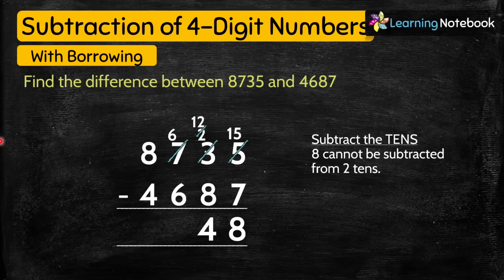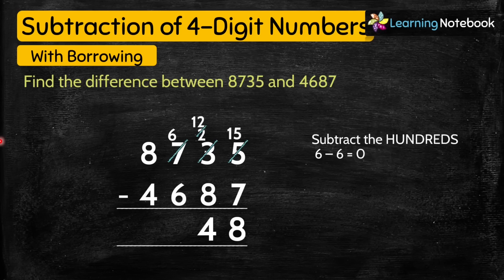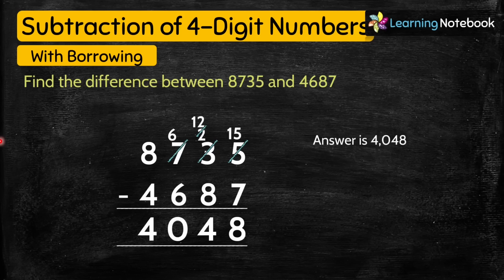Now we will subtract the digits at hundreds place. 6 minus 6 equals 0. And lastly, we will subtract the digits at thousands place. So 8 minus 4 equals 4. Therefore, the answer is 4048.